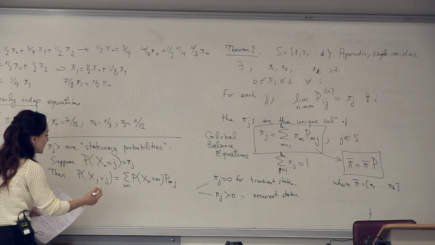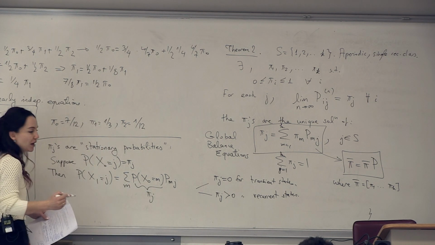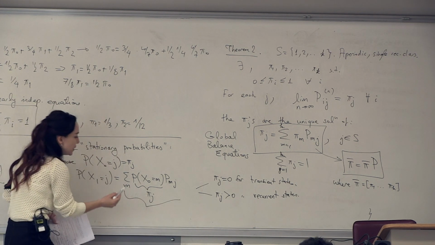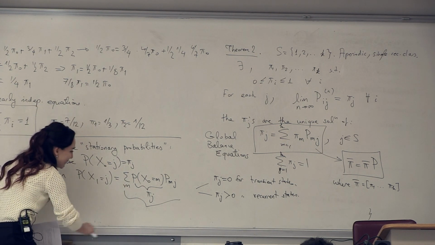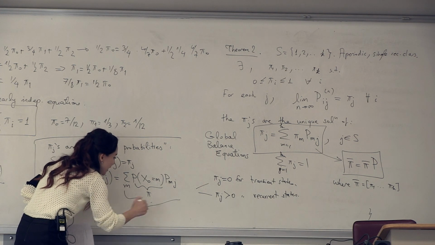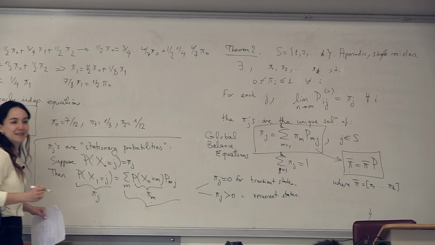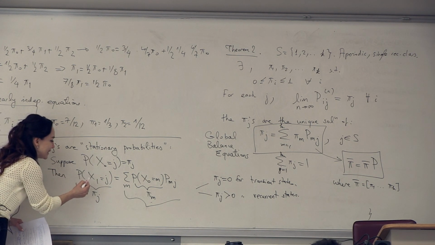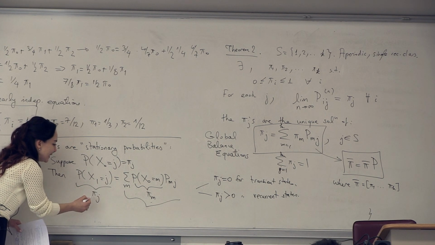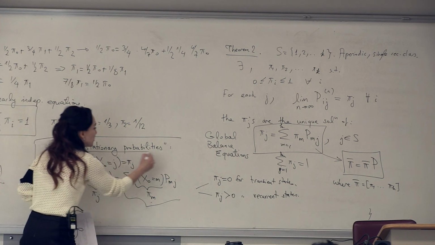But since this is pi m, and we know that the pi's are the solution of the summation of pi m p m j equal to pi j, because that's how the pi's are defined, then we notice that the probability that the state at time 1 is j is pi j. It does not change. That's why they're called the stationary probabilities.